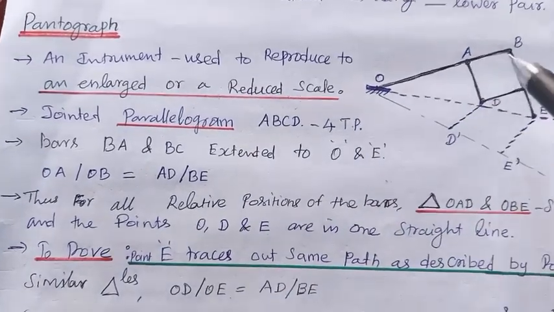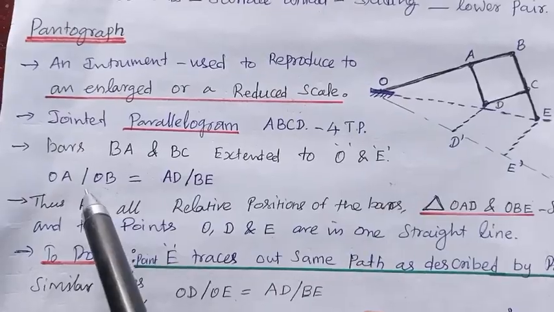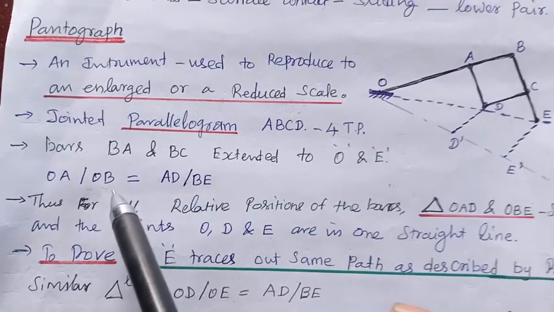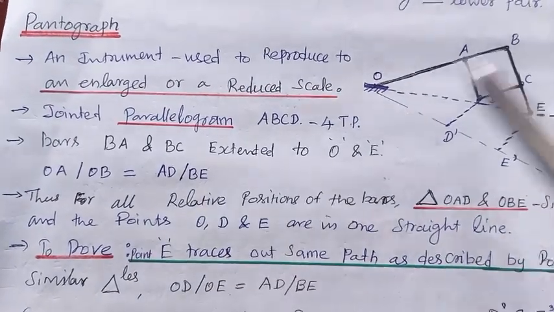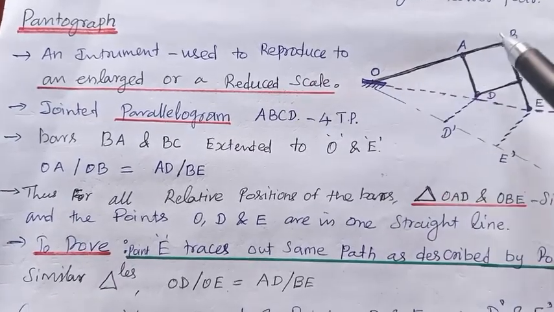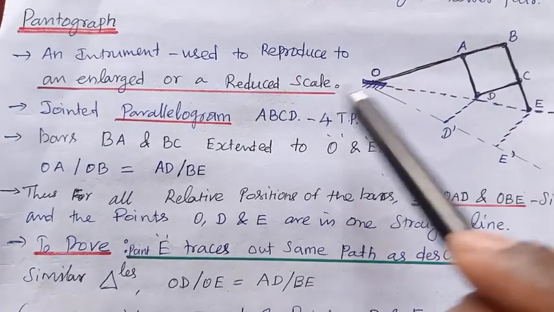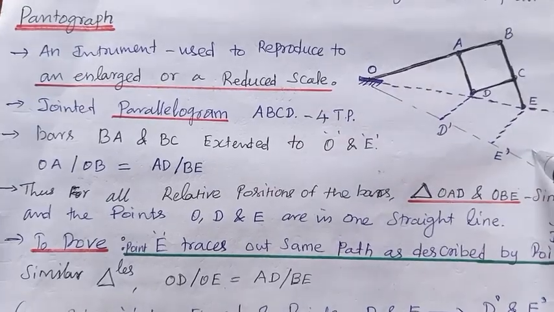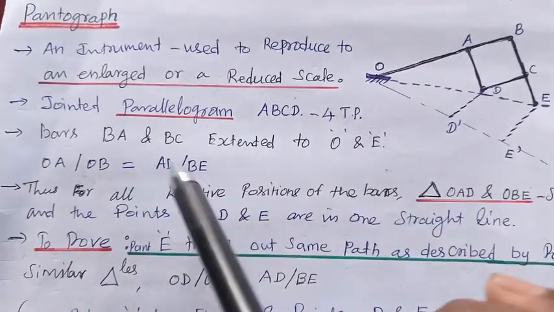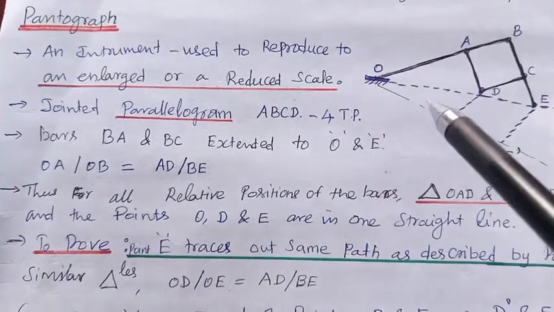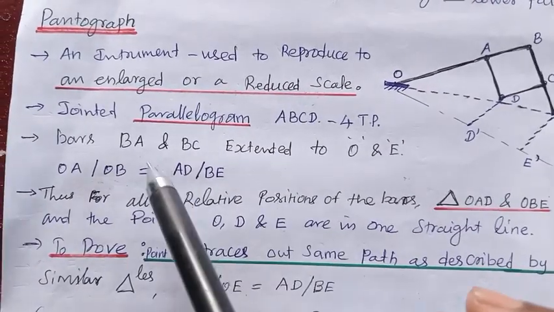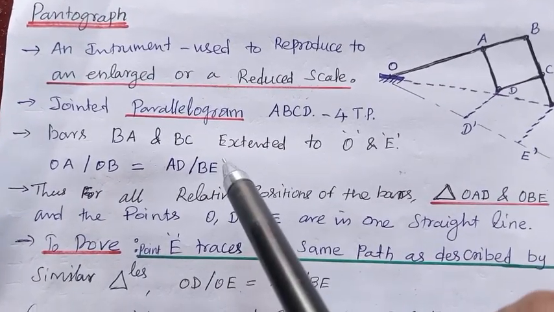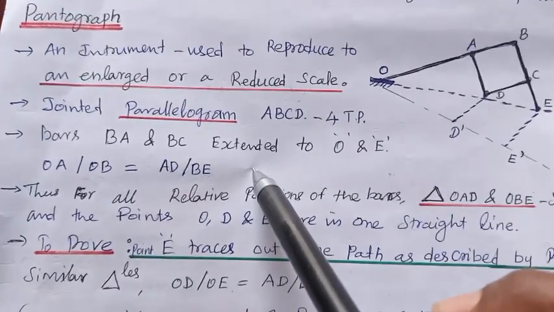Here these are all of constant length. So we get OA divided by OB equal to AD divided by BE. Because these are all parallel and also straight lines, this ratio will not change. OA by OB is always equal to AD by BE.